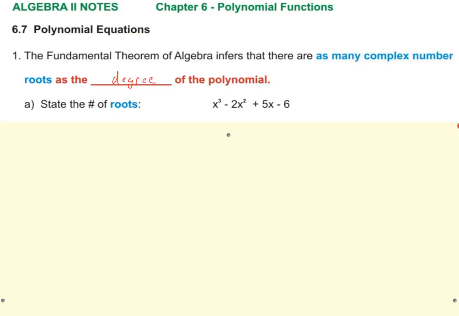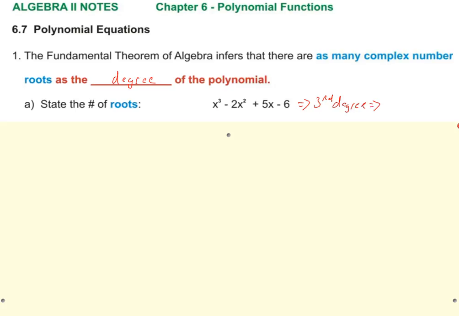All right, so we got a polynomial there, x cubed minus 2x squared plus 5x minus 6. And hopefully we all determined that this thing is a third degree. What a way to start a Monday morning, giving you the third degree. All right, awesome. It's a third degree.